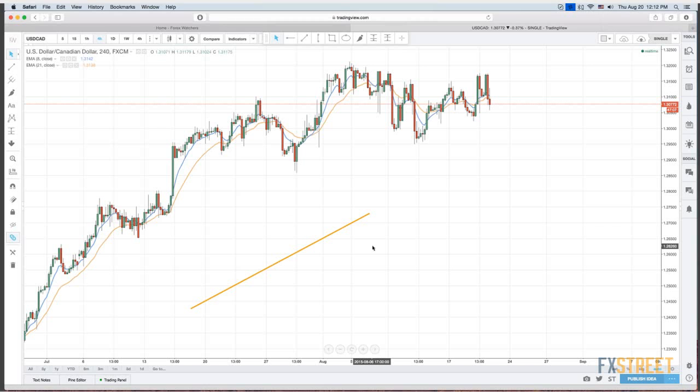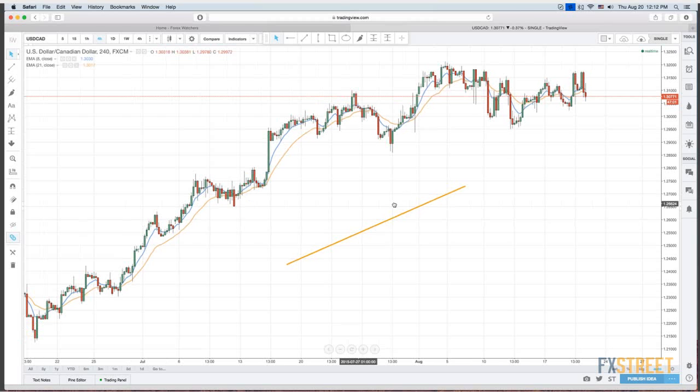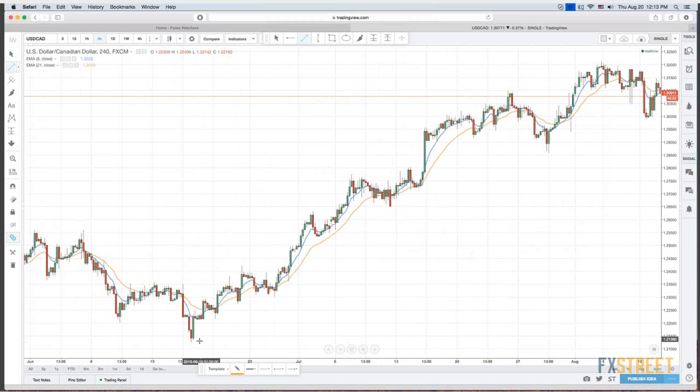Dynamic support and resistance. Okay, so in terms of a trend line, what are we trying to do? If I go like this, do I draw it from here to there like that? Or do I draw it from here to there like that?